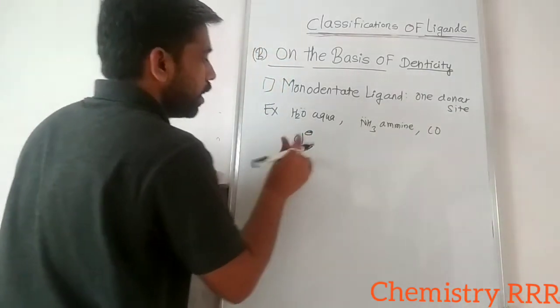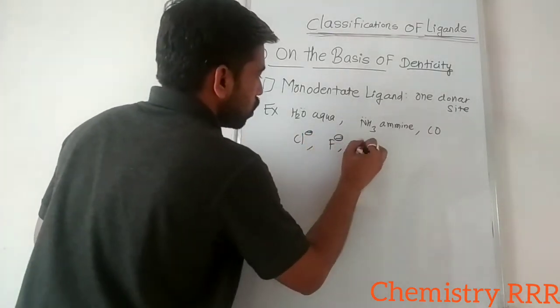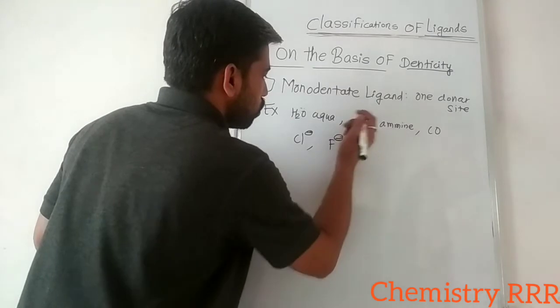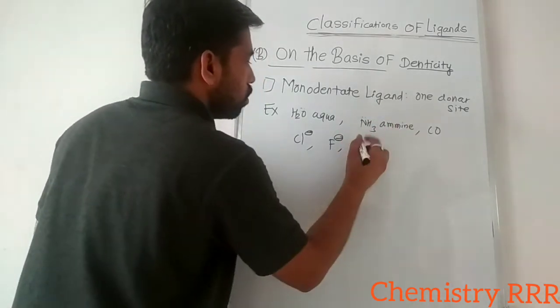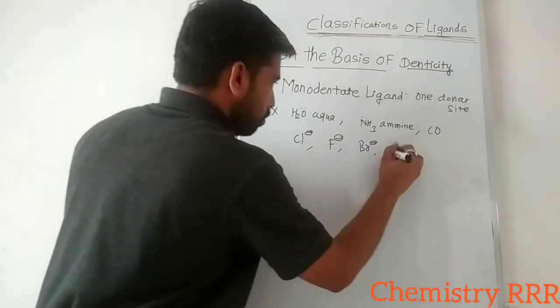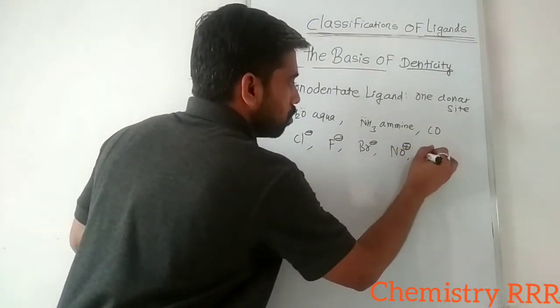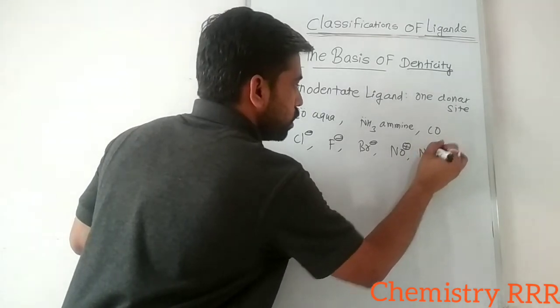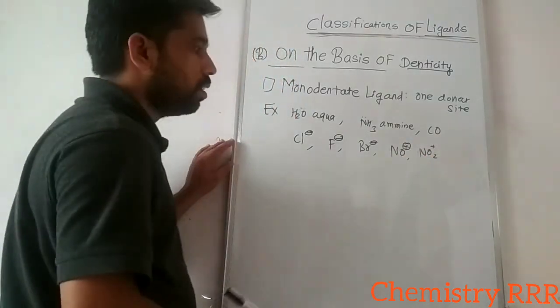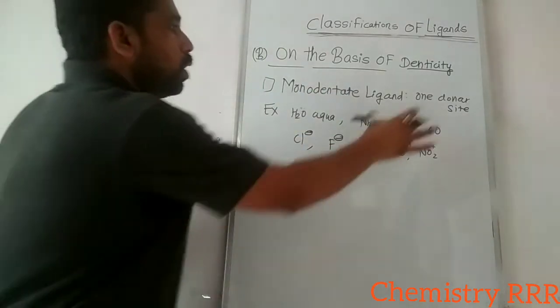The negative ligands are chlorido, then fluorido, bromido. Then nitrosonium ion, and the positive one is nitronium ion. These are the monodentate ligands having one donor site.